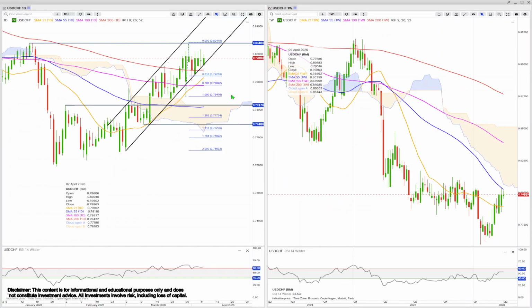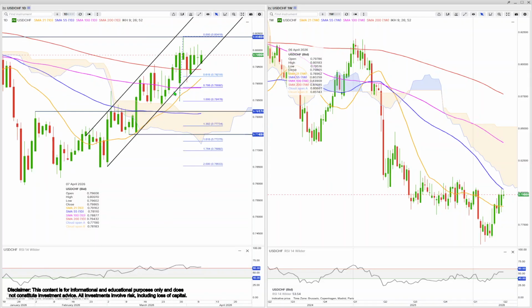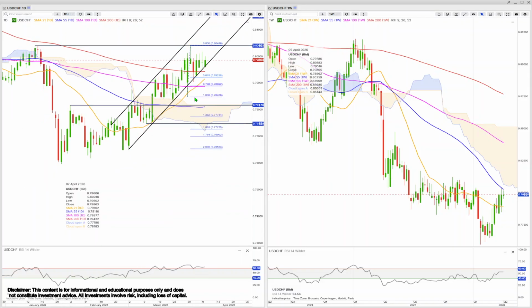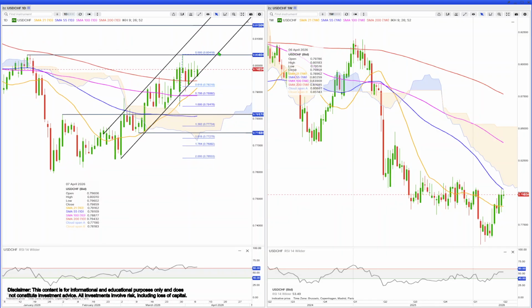The dollar Swiss is forming this rising channel-like pattern on the daily. It hit the resistance up here at 80.40, and that was at first too hard to penetrate, but I think we will see it having another go within the next few days. You can see on the weekly it got rejected by the 55 moving average.